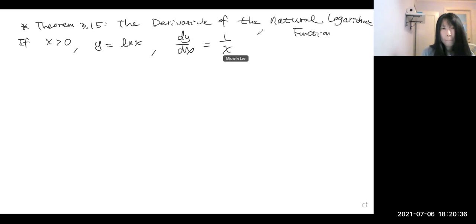Okay. We see the derivative of ln x is 1 over x. Okay. But if there's more than ln x, right? A composite function, then we are using the chain rule, right? So let's say, how about y equal to ln g of x? Okay. Then we do the derivative.